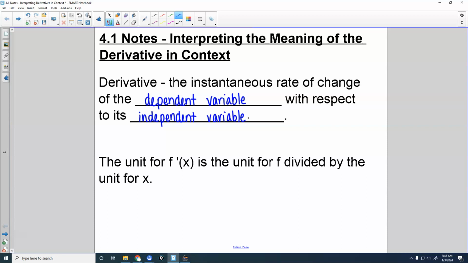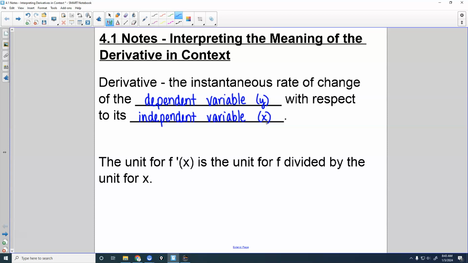And certainly not always, but typically we think of our dependent variable as our y and our independent variable as our x. Now, lots of times they will use different letters. They use t a lot as that independent variable for time. They might have s of t instead of x and y. But when you're thinking about your axes, it's your x-axis and your y-axis.